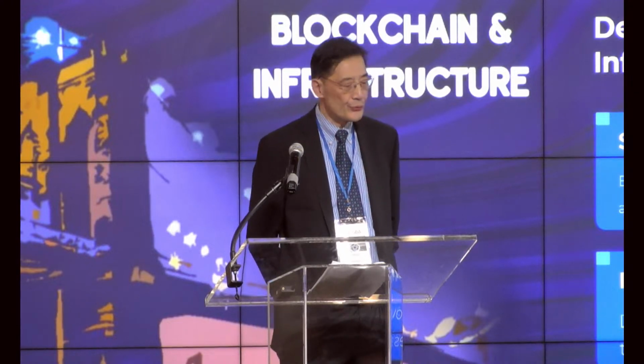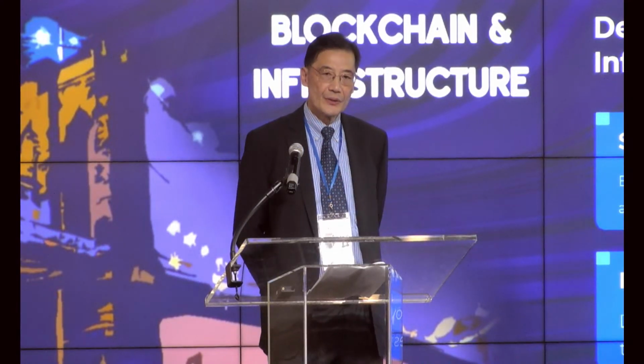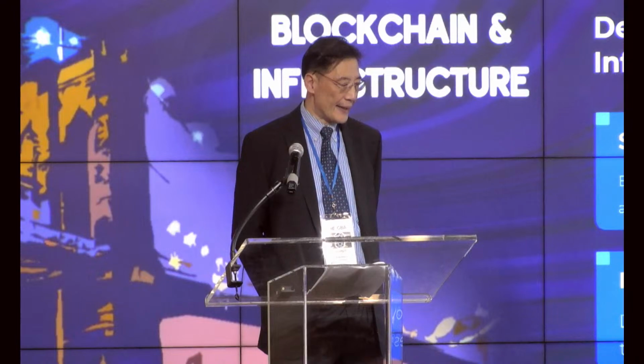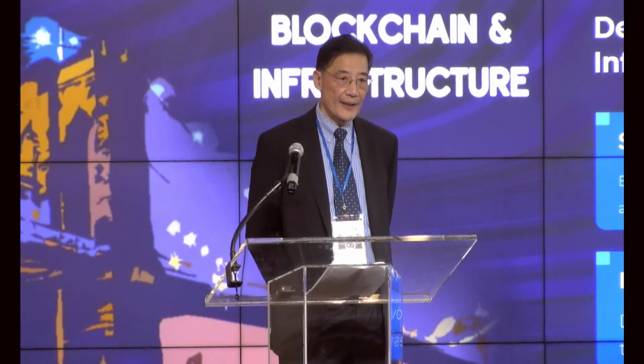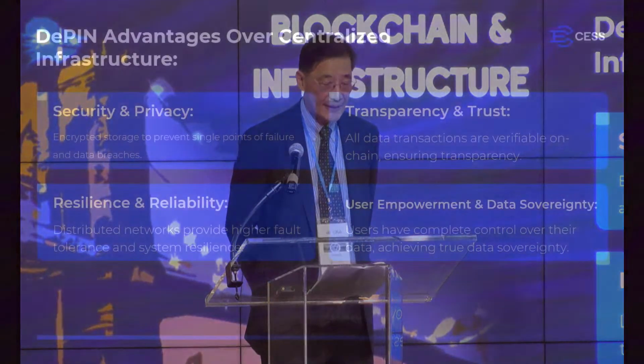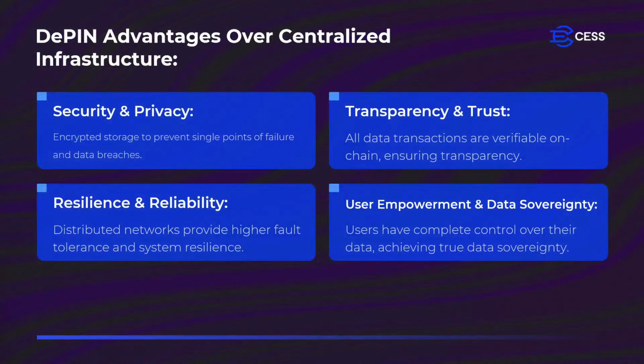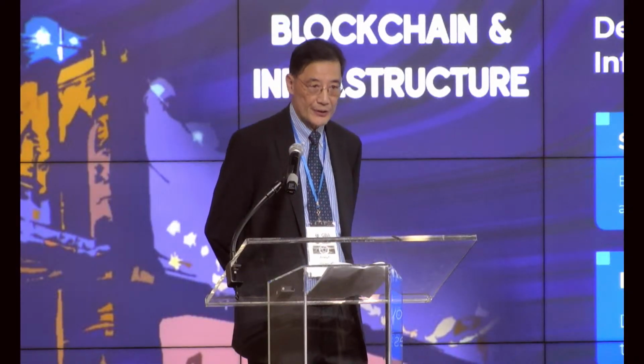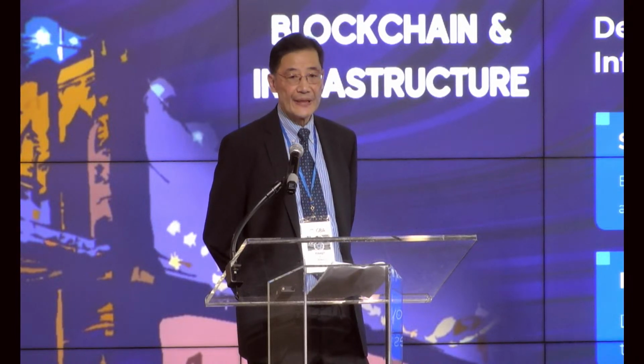So what we do, as an advantage of using DePIN, is provide security and privacy, where we keep the data private. As soon as the data comes onto our chain, we will make a few copies, and we will shard them, and we will encrypt them before we even distribute them out to our nodes on the DePIN infrastructure.